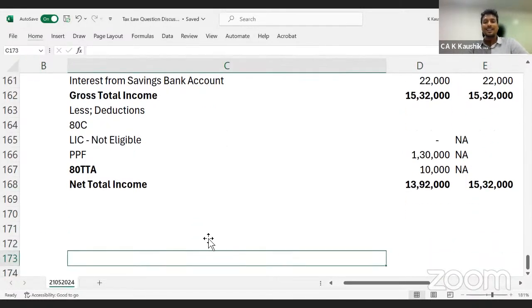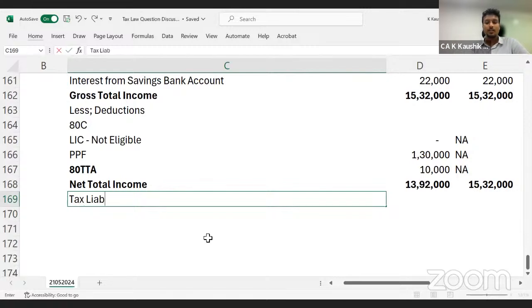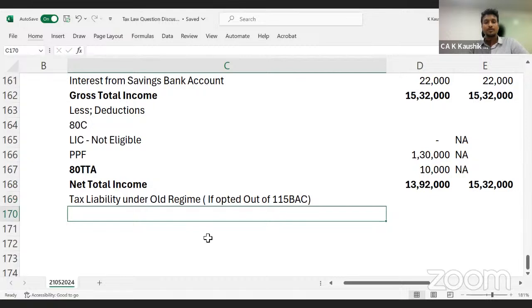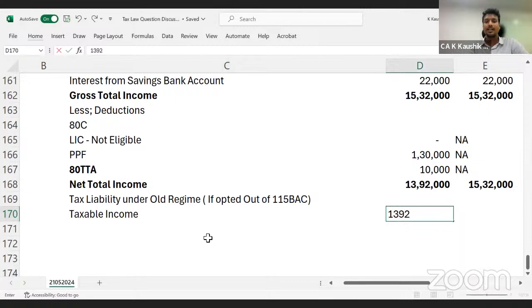So let's quickly calculate tax liability under the old regime, if opted out of 115 BAC. Taxable income will be 13,92,000.